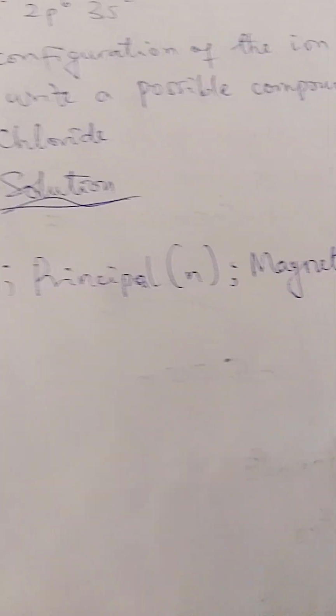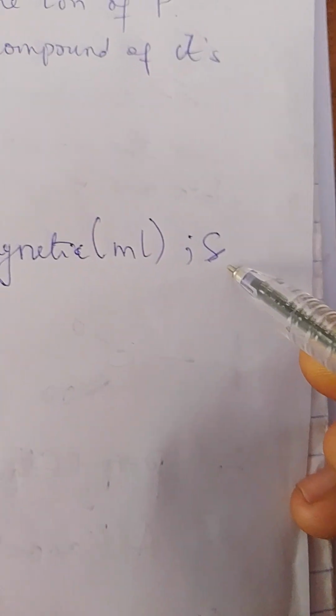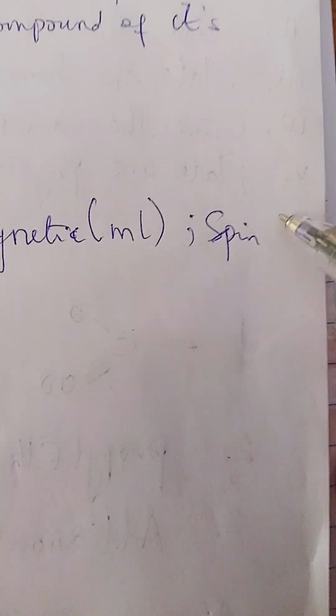And we have the last one, which is called the spin quantum number, and that is represented with letter MS. These are the quantum numbers that are assigned to an electron.